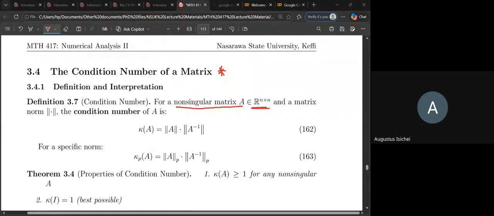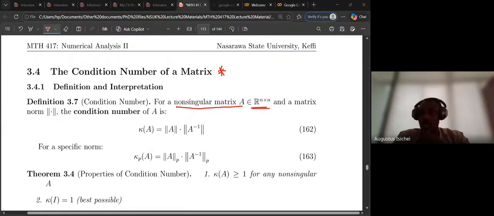Okay, that's very correct. I can see Jonathan said when the determinant of the matrix is not equal to 0.